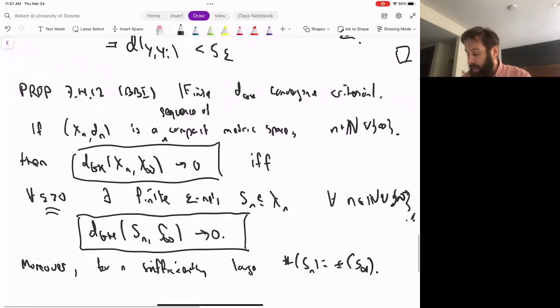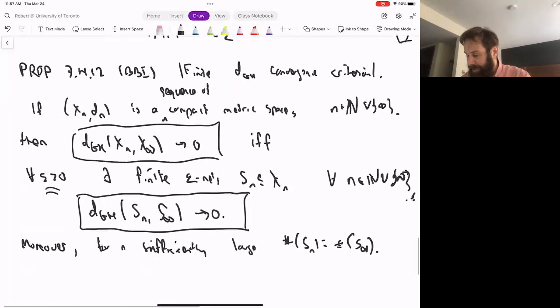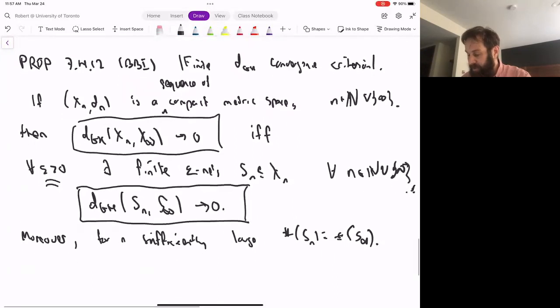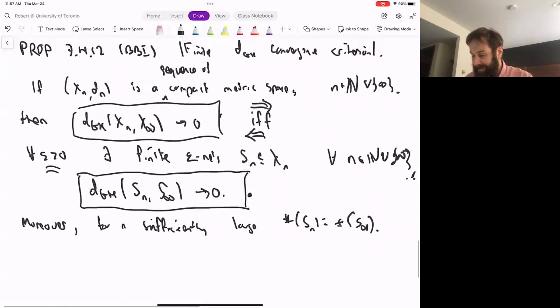So the direction that I really care about is this one: when I check this for finite subsets, I get convergence to the limit. The converse direction is maybe elegant, but not so crucial to me. And so let me do the proof in the direction I care about and leave the other direction as an exercise.